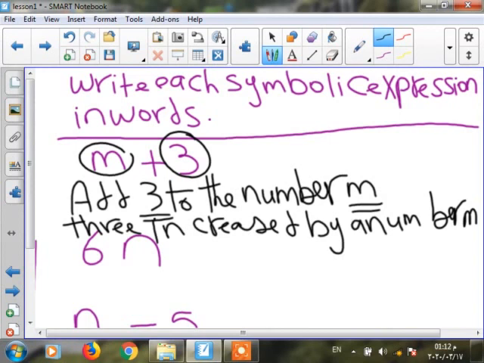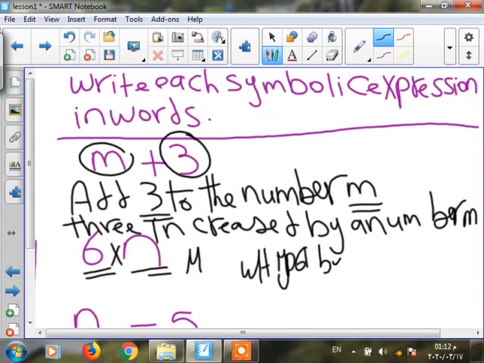The next one, 6n. What is the meaning of this? I have the first number 6 and the second number n. Between them there is no sign, so it equals times. This is multiply. Multiply the first number, 6, by the second number.